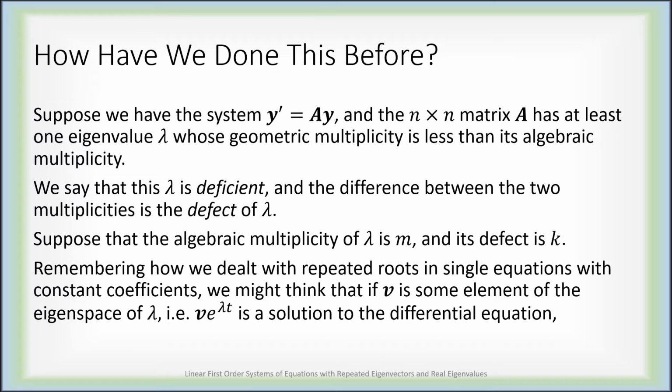When there was a repeated root in its characteristic polynomial, we had a way to generate a fundamental set of solutions. So if we try to extend the way we've done it in the past, we might think that if v is an eigenvector, then v e to the lambda t gives me one solution, and maybe v times t times e to the lambda t is another. This would be a nice generalization of how it's worked in the past.